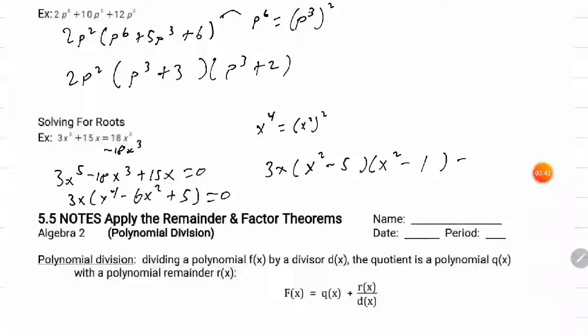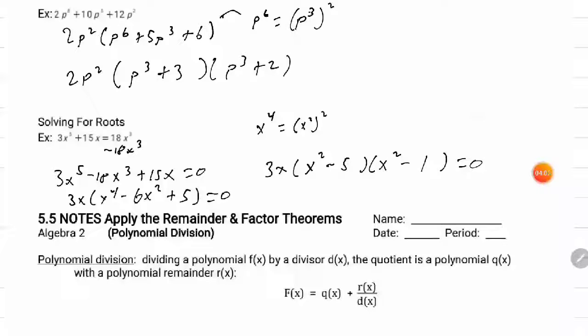And then we set this equal to 0. So when you're looking for the number of answers that you should have, we look at our degree. So our degree here, or the highest exponent, is 5.